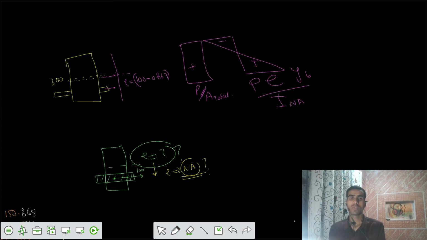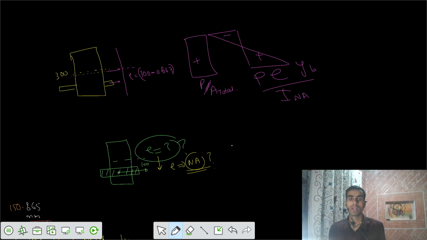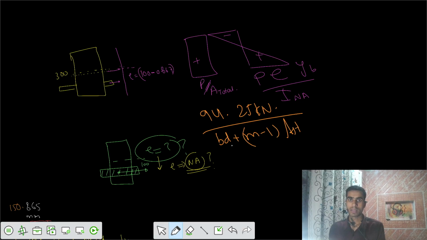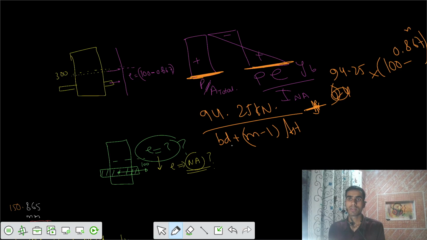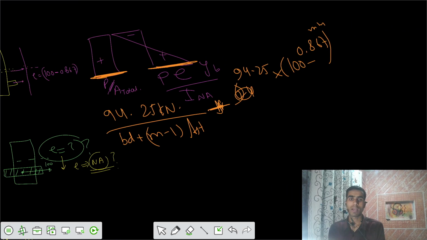We are calculating stresses at the soffit, at the bottom. The value of P was already 94.25 kilonewton, and the total area of the cross section is BD plus (m minus 1) Ast. Eccentricity is now 100 minus 0.867 millimeters.